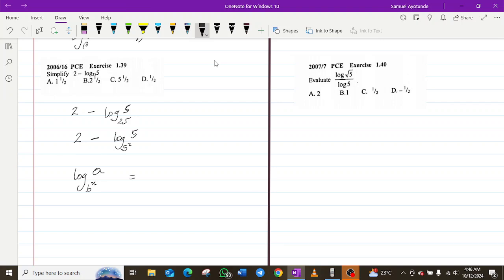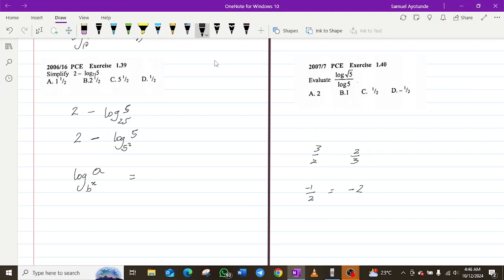Then the inverse of x is 1 over x. The inverse of 2 is 1 over 2. The inverse of 3 over 2 will be 2 over 3. The inverse of minus 1 over 2 will be minus 2. So let's take note of this.